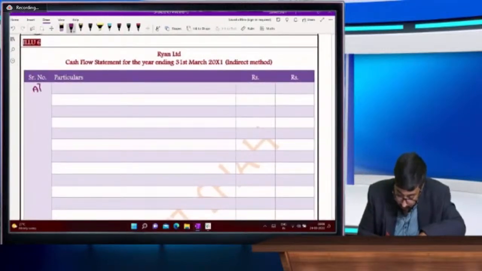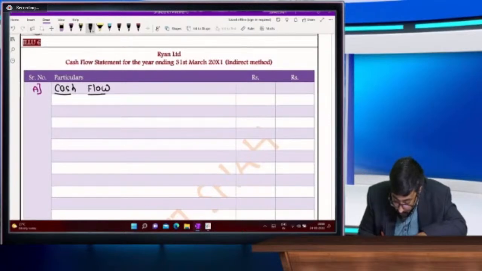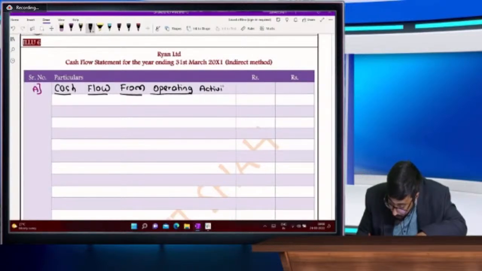A. Cash flow from operating activities. Cash flow from operating activities.